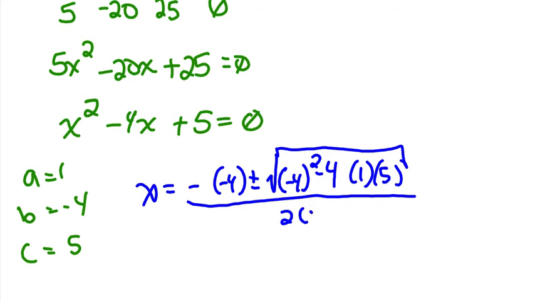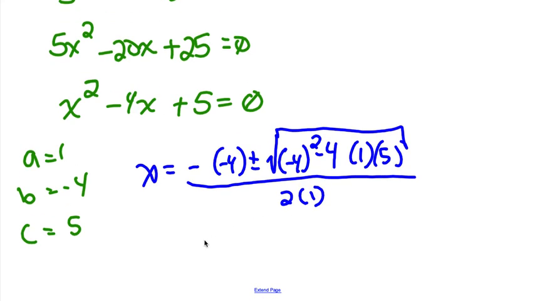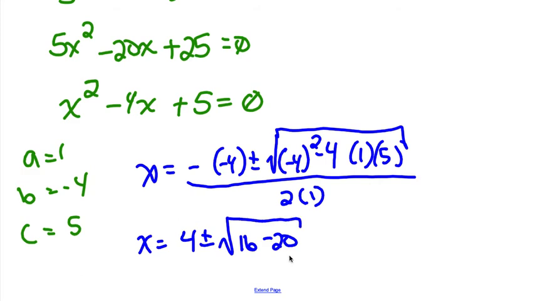So 2 times A is 2. So let's clean it up. X equals double negative there gives us 4 plus or minus the square root of 16 minus 20, all divided by 2.